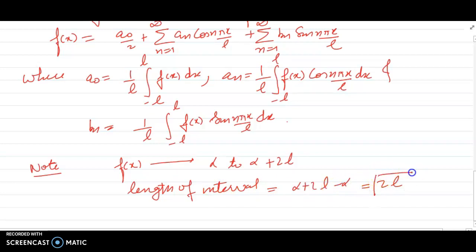While solving a problem, if you are given an interval of some length, compare that length with 2l to get the value of l.